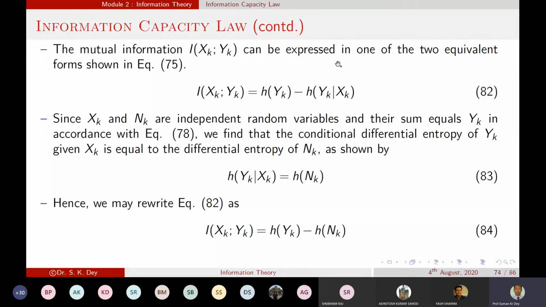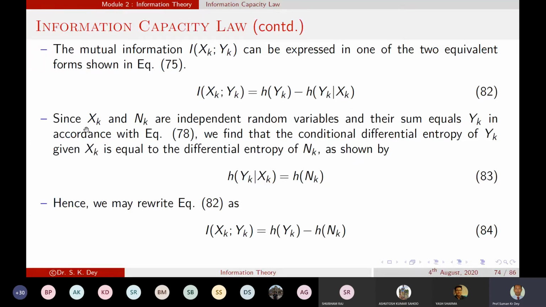When we discussed how much information is present in symbols, and the mutual information, we saw this relation. So I am using the same relation here.